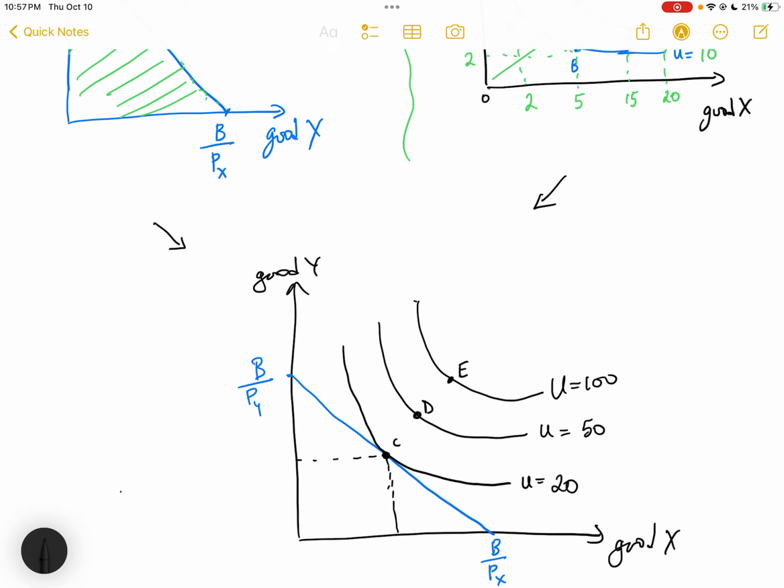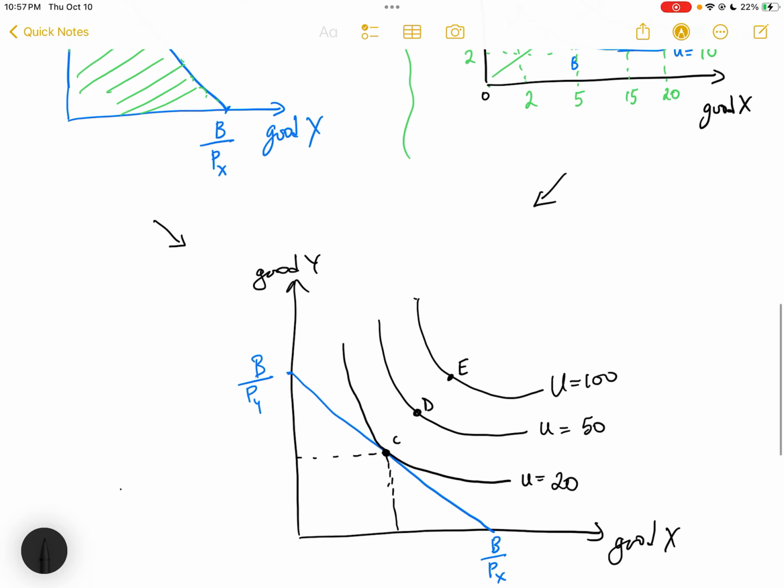Now, we have this rule in consumer choice where we ask the consumer to exhaust the budget. So, yes, there was another indifference curve here, U equals 10, where we have bundles A and B. But why are we not choosing bundles A and B? Because it doesn't exhaust the budget. It's bundle C that exhausts the budget.